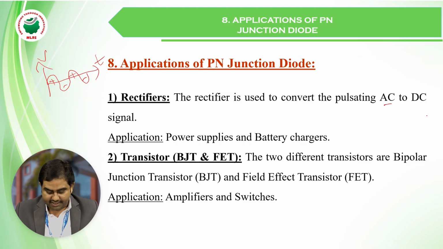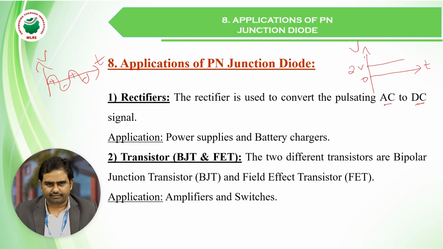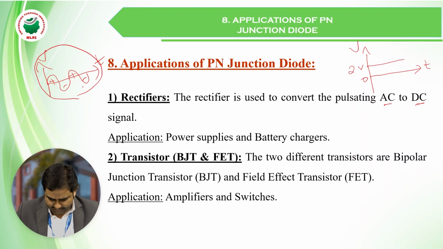Next one is the DC part. DC means direct current. It will be like this. Let us assume this is a 2-volt signal. It will flow unidirectionally, either on the positive side or the negative side. Now what will the rectifier do? The rectifier takes the input as alternating current and converts it into DC.